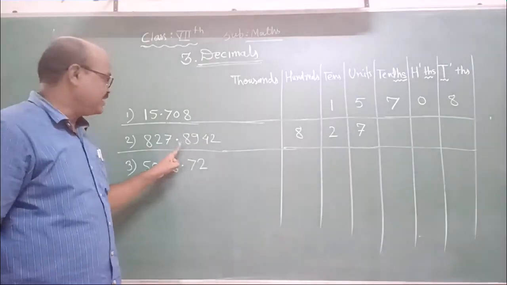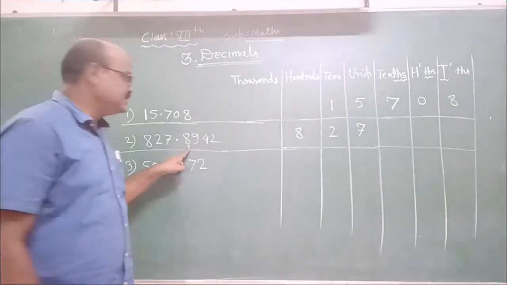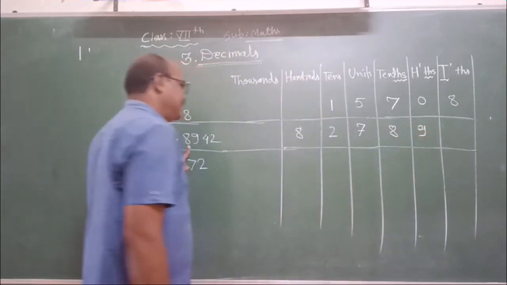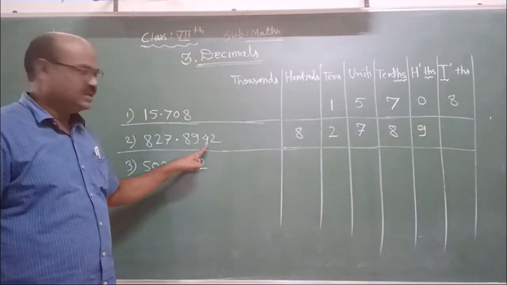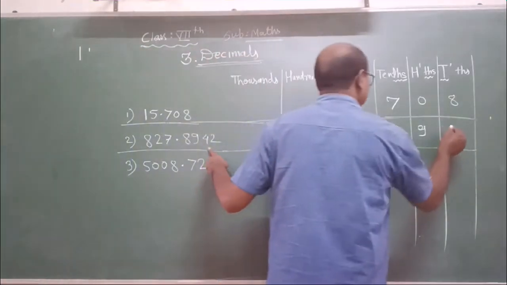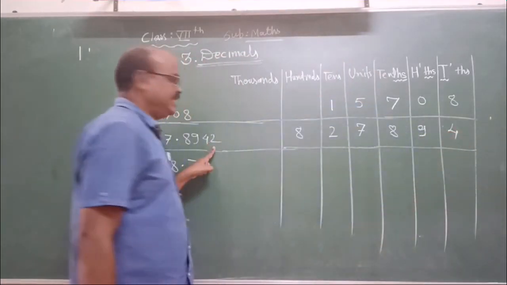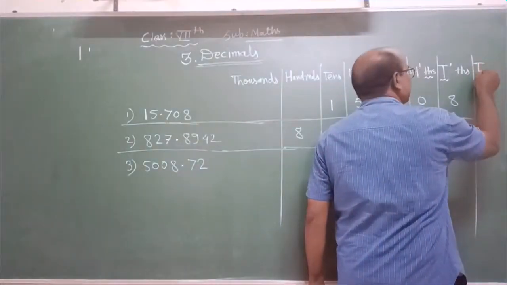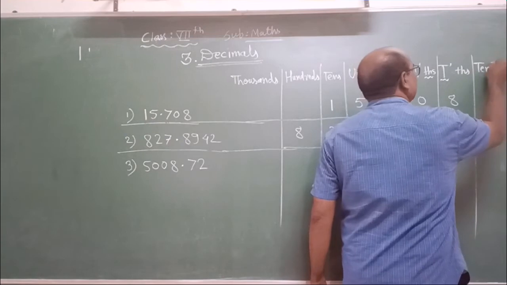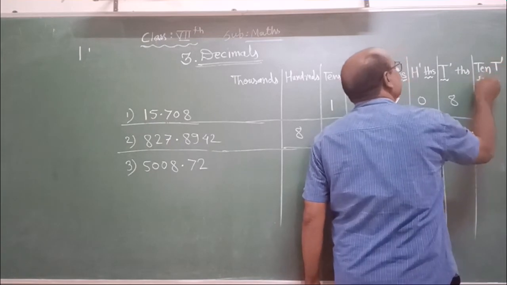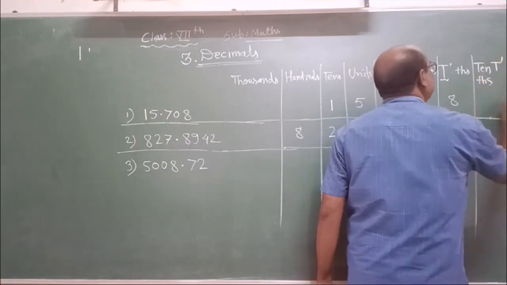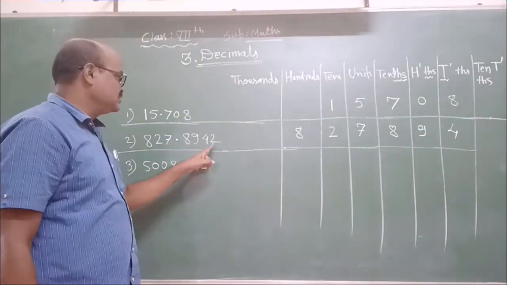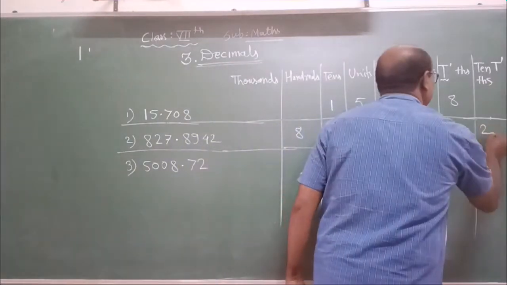Later on, after the decimal point, it is tenths, it is hundredths, right? 4 is at thousandths, and 2 is also there. So it will be the ten-thousandths place.